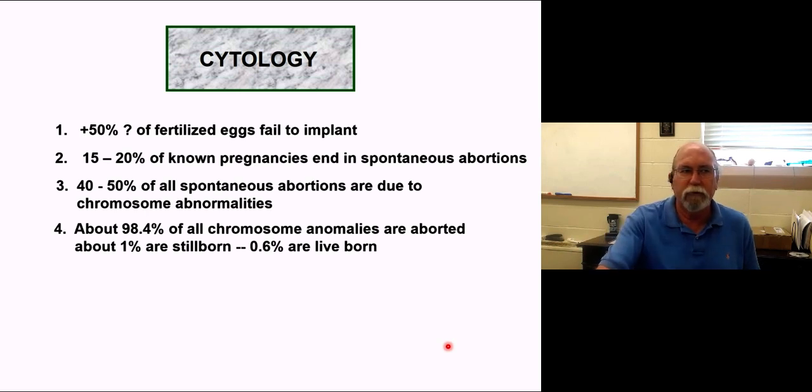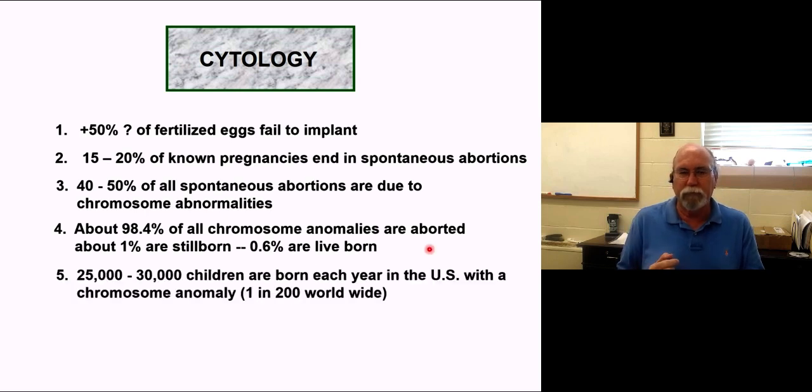So what we see here is somewhere around a 98% chance that you're going to spontaneously abort, miscarriage, that anomaly. Very few of them actually make it past 20 weeks. About 1% make it stillborn, so they make it, but they're just not functional at birth, parturition, and only about 0.6%, and that number can go up and down, but less than 1% for sure, will actually make it to live birth. Okay.